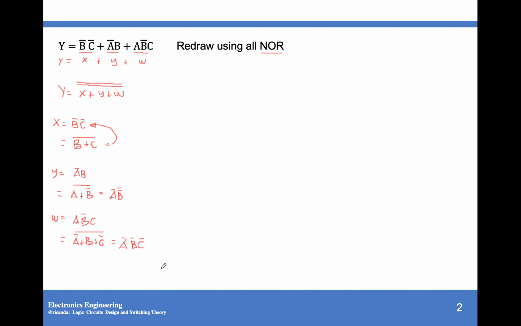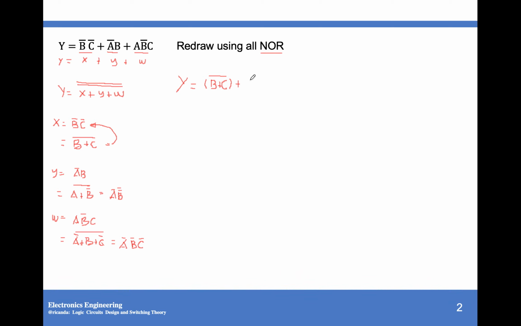So your y, if you now rewrite this in terms of your x that we have simplified, we have b NOR c, so we have to open and close that one. Then it is with an OR sign with your y.